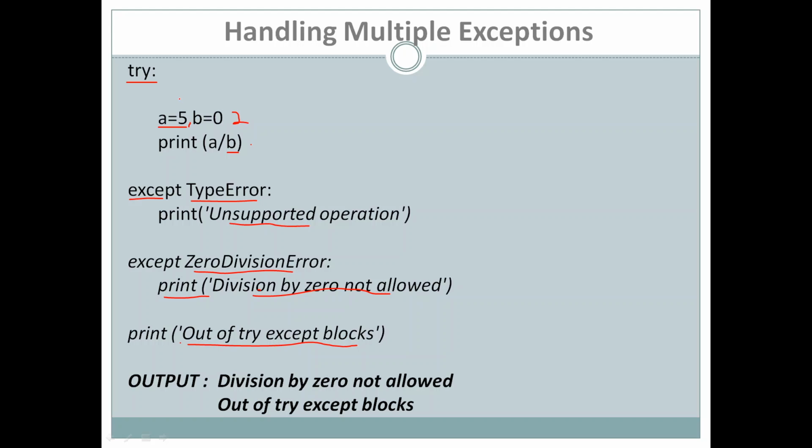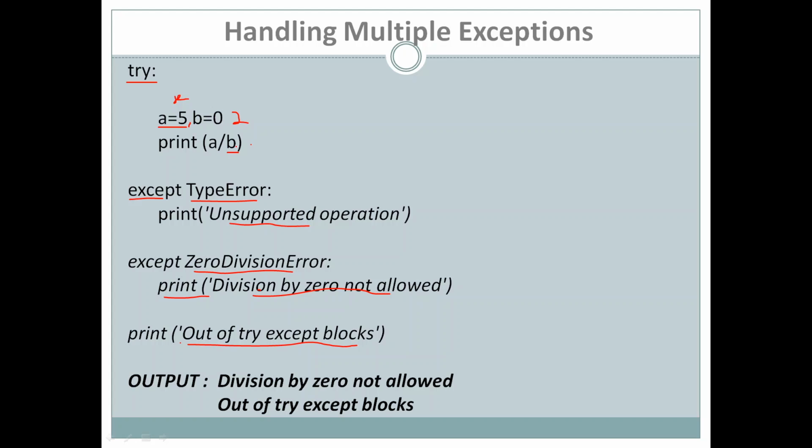Now consider if I say value of a, instead of 5, as some alphabet, say x, in that case it will be x divided by 2. Can we divide x by 2? Again there is an exception. The exception which it may generate is type error.